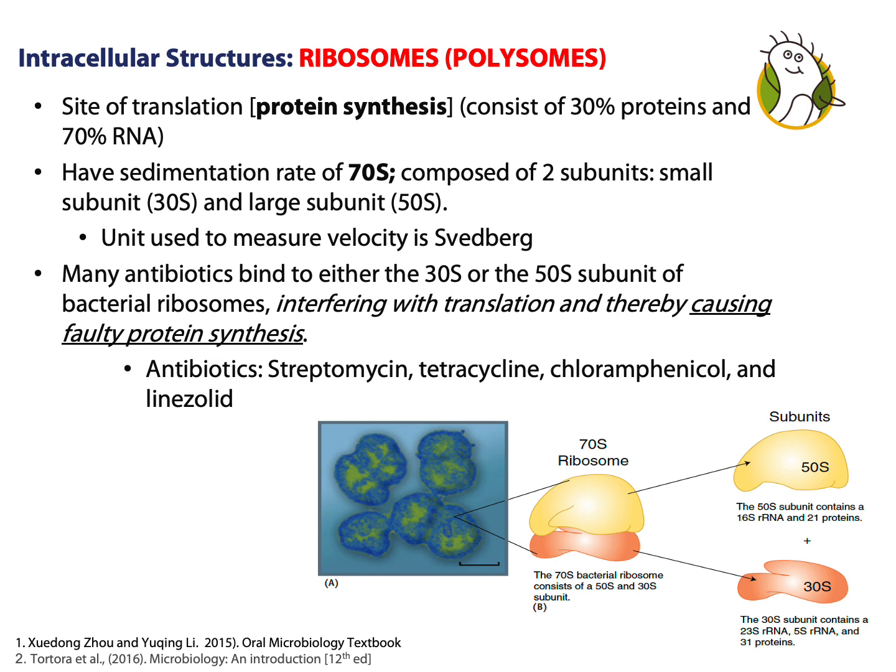The S stands for the Svedberg unit, which is a measure of sedimentation in an ultracentrifuge, based on the size, shape, and surface qualities of structures. Many antibiotics bind to either the 30S subunit or the 50S subunit of your bacterial ribosomes.